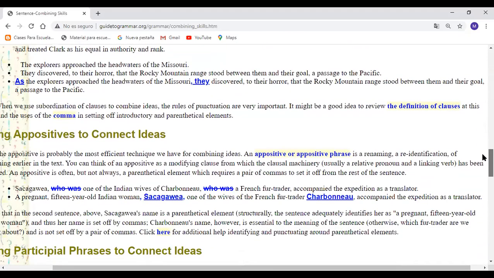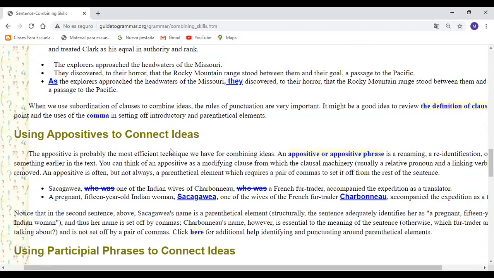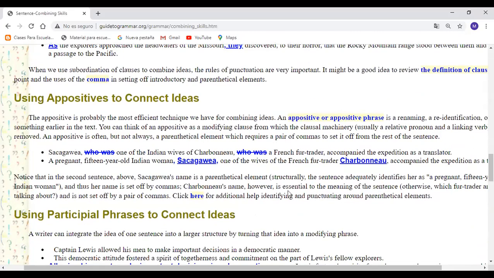Rule number two, guys. Rule number two, using apostrophes, appositives. So you're going to put rule number two, appositives. And you're going to copy this example, guys.